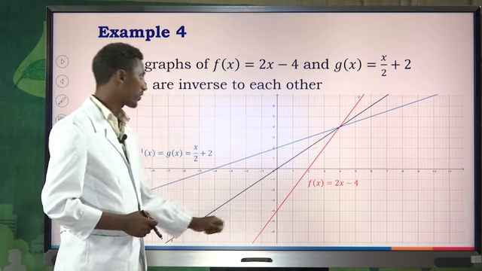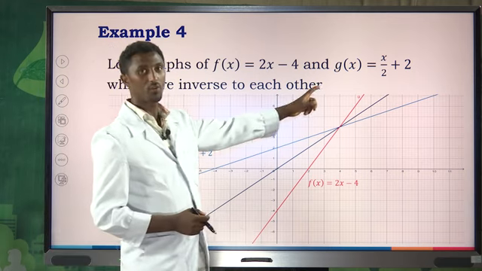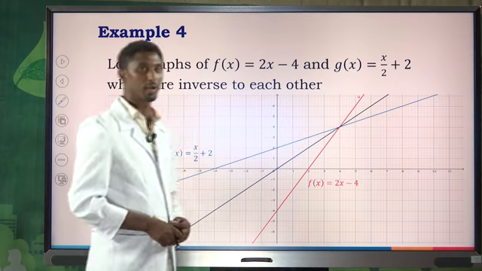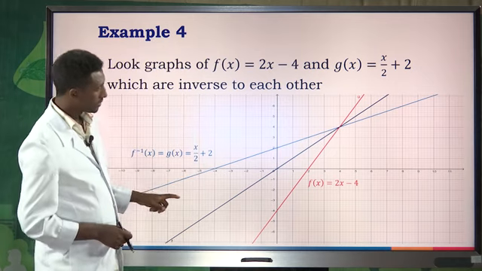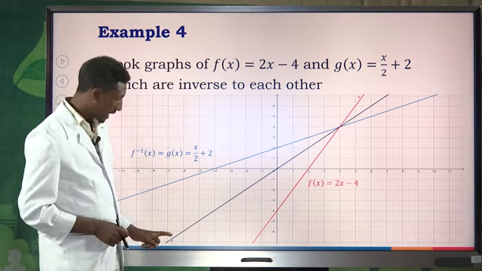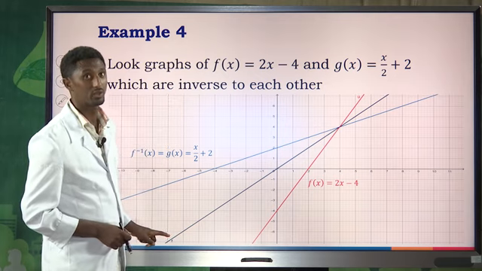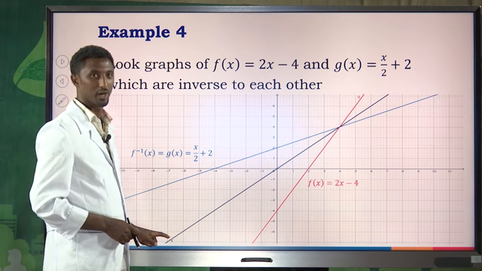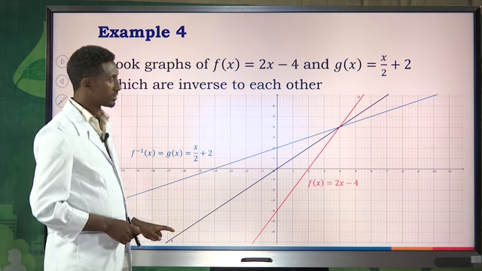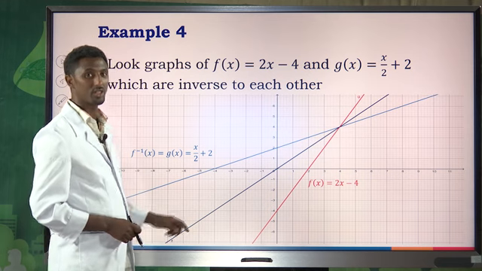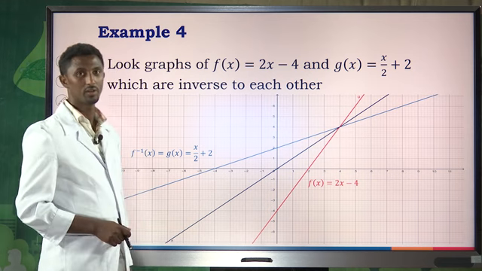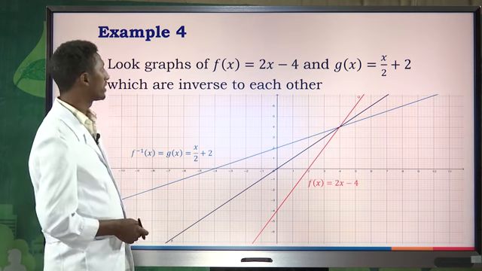This is the graph of f of x, and the graph of g of x equals x over 2 plus 2 is this line, and the two graphs are symmetrical with respect to the line y equals x. So if they are symmetrical with respect to y equals x, one is the inverse of the other.